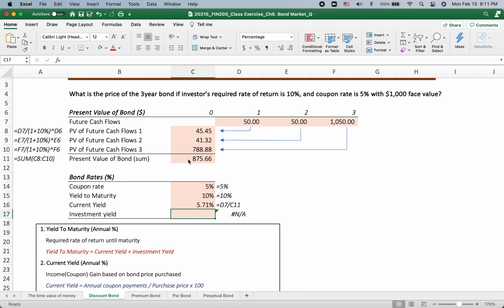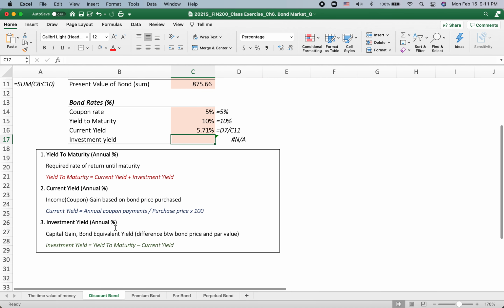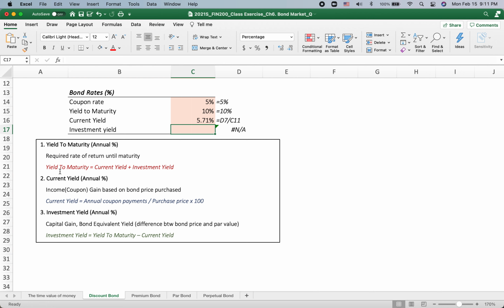So 5.71%. Then how do you get the investment yield? The YTM, the required rate of return, is equal to current yield plus investment yield. All the rate of return is comprised of the coupon, the fixed income gain, plus the investment gain, which is the difference between the purchase price and the selling price.